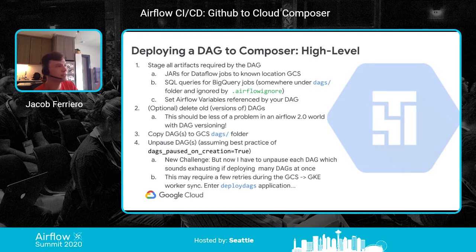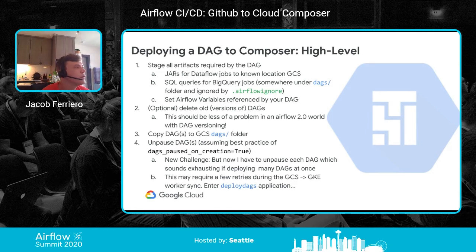Then we need to set all of the variables that are referenced by your DAG. The best practice we can follow is keeping these Airflow variables as a JSON config in version control. Each time we do a deployment or we're validating with CI checks, we would use that JSON config to override all the Airflow variables.